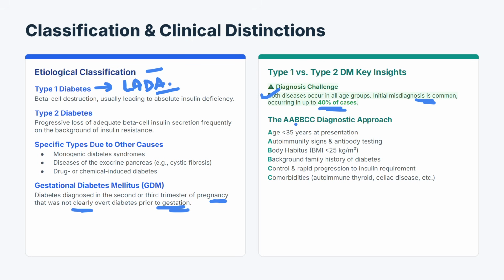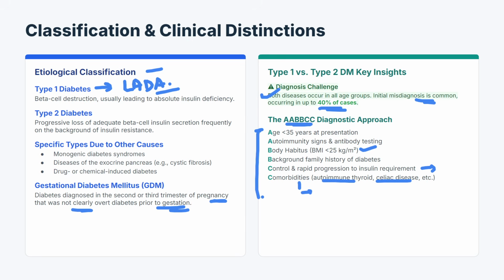This is known as the AABBCC diagnostic approach. So age less than 35 years, presence of autoimmunity signs and antibody testing like personal or family history of autoimmune diseases or polyglandular autoimmune syndrome, then body habitus, that is BMI less than 25, background family history of diabetes, that is type 1 diabetes, control and rapid progression to insulin requirement, a patient who is not responsive to OHA and is rapidly progressing to insulin requirement, and comorbidities like autoimmune thyroid disease, celiac disease, and use of immune checkpoint inhibitors.